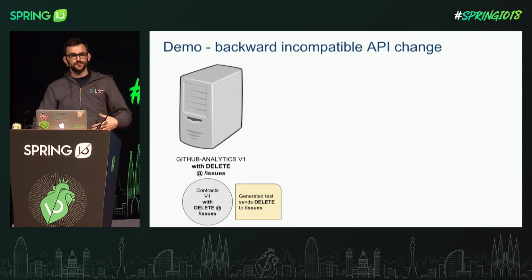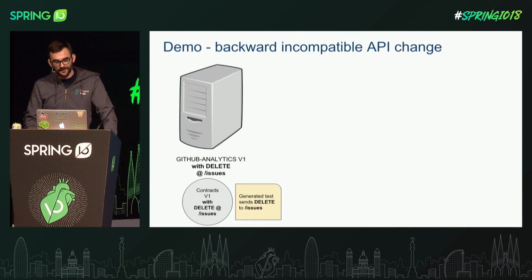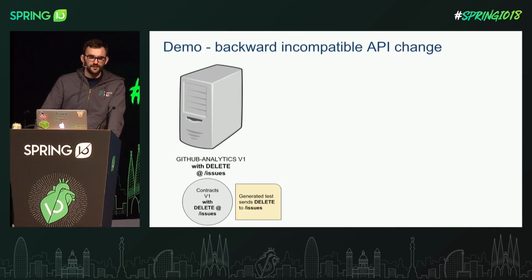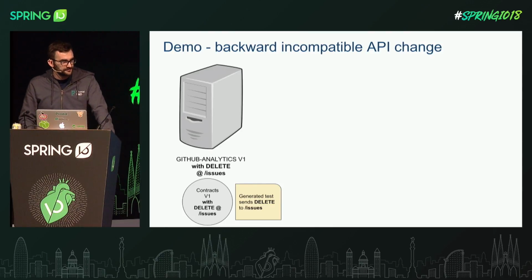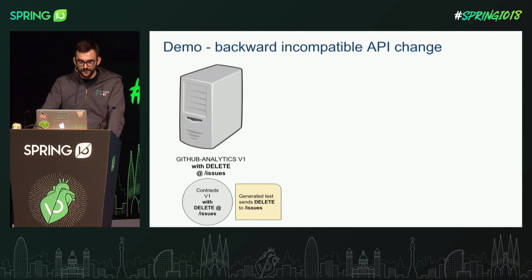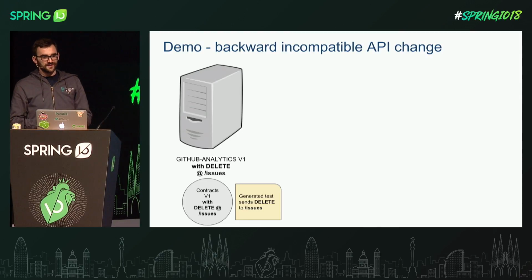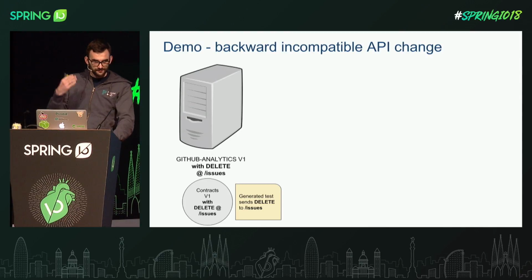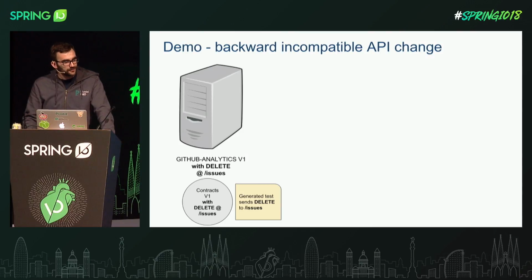Let's go to HTTP. We have GitHub Analytics in version V1 that has an endpoint, like a controller, with URL issues that accepts the delete method, right? And in the contracts, we have defined exactly this situation. So the generated tests got created and executed.